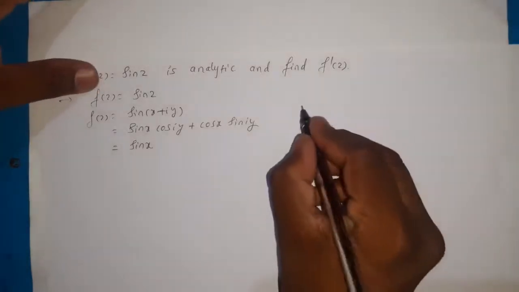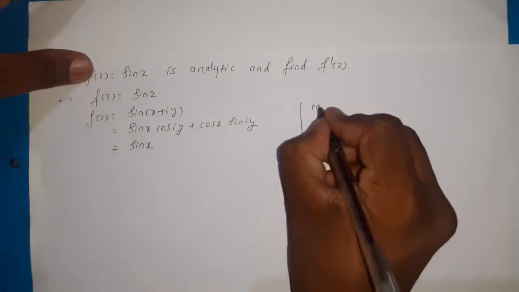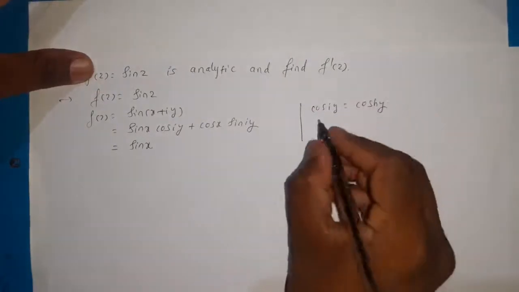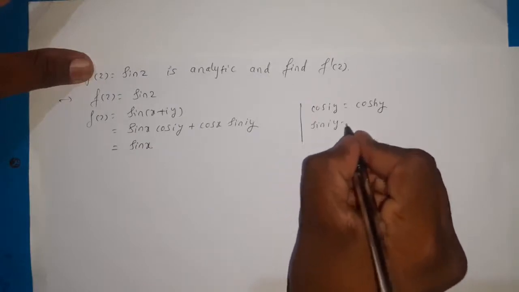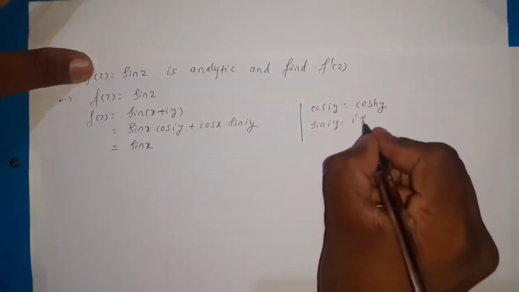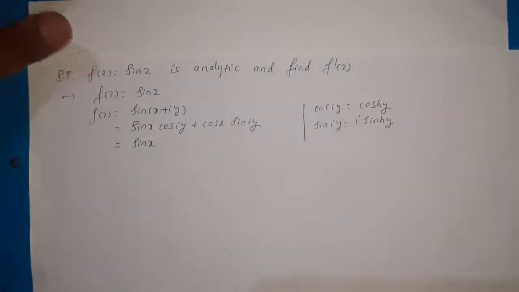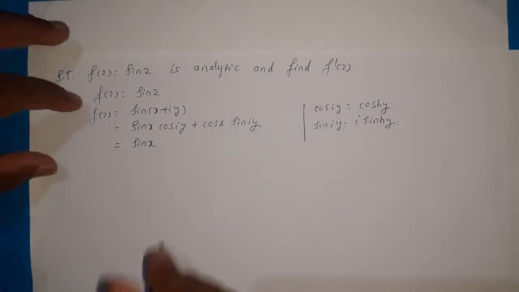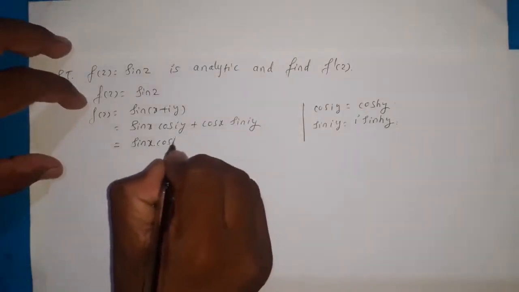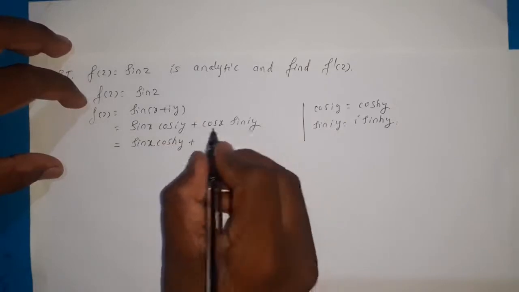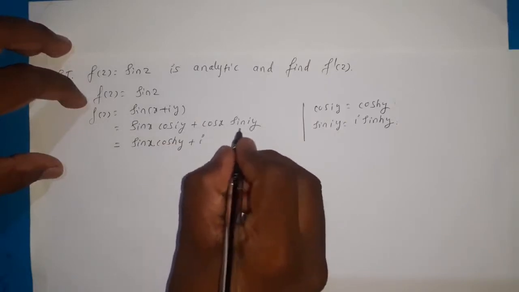By the properties of those functions, cos iy can be written as cos hyperbolic y and sin iy can be written as i into sin hyperbolic y. These two are the important results: cos iy equal to cos hyperbolic y, sin iy is equal to i sin hyperbolic y.